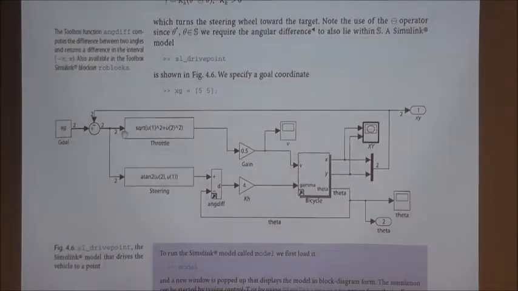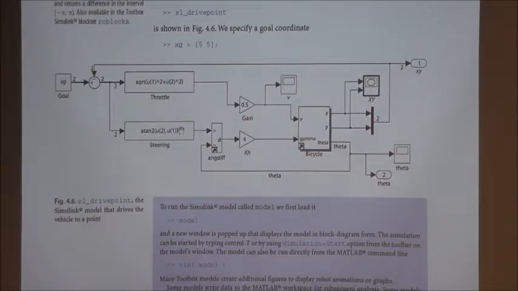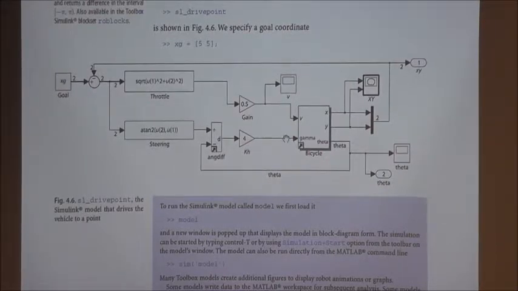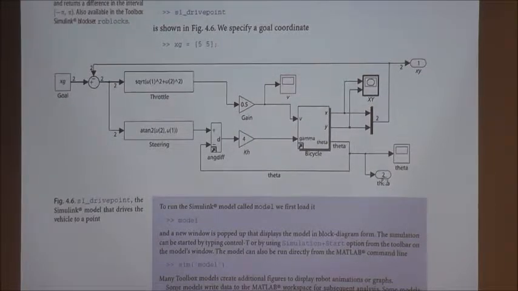This gives me the value of theta star, and I take the difference with the theta itself, which is a self-feedback line here. Multiply by the gain of the second proportional controller, 4, and I get gamma. And I feed it into bicycle. And bicycle will give me x, y, and theta. And I can record them like here.